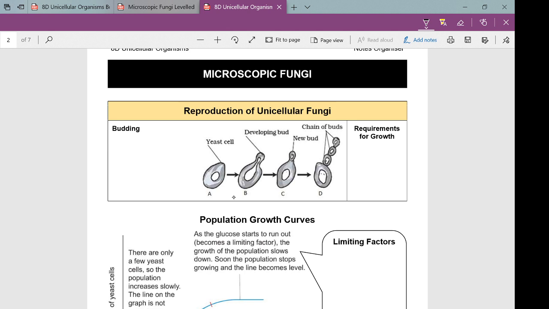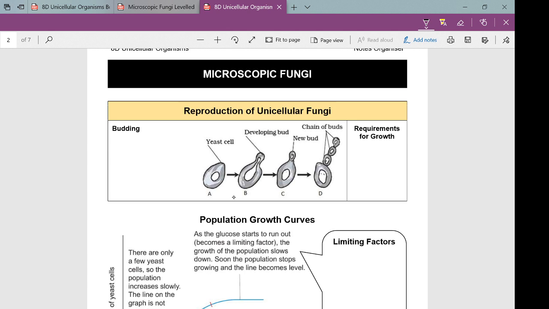So fungus, we can have multicellular fungus, such as mushrooms, but we can also have unicellular fungus, which are things like yeast. So yeast is a really good example of a unicellular fungus, okay? And first we have to know about how yeast reproduce.